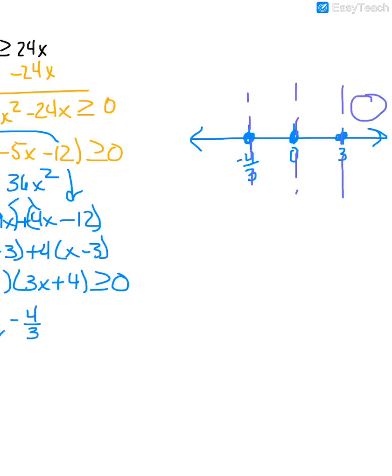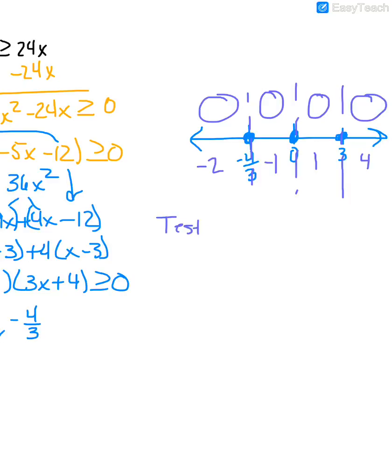So you need a number to the right of 3, a number in between 0 and 3, a number in between -4/3 and 0, and a number to the left of -4/3. Okay? So for me, -1 actually fits in between -4/3 and 0, so that's nice. I'm going to pick 1 in between 0 and 3, and 4 to the right of 3, and -2 to the left of -4/3. So at least I have all whole numbers there. That's nice. And then I want to test.